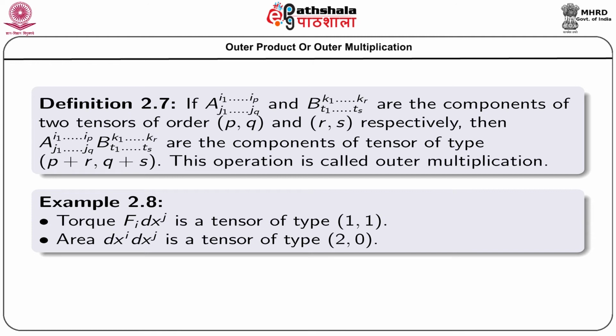Area, if I denote it as dx i and dx j, is a tensor of type 2, 0. So, outer multiplication means the components are written side by side and the tensor will be of type the sum of their types.